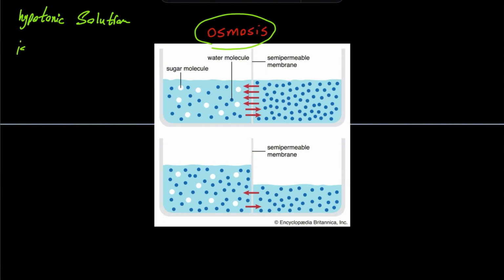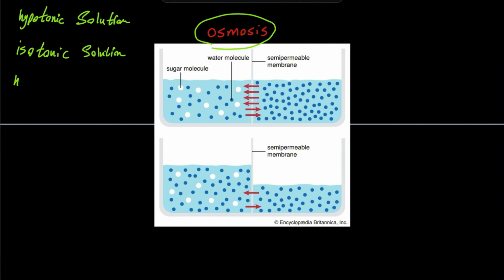In an isotonic solution, the solute concentration is approximately equal inside and outside the cell. Water moves in both directions at similar rates, and the cell remains stable.